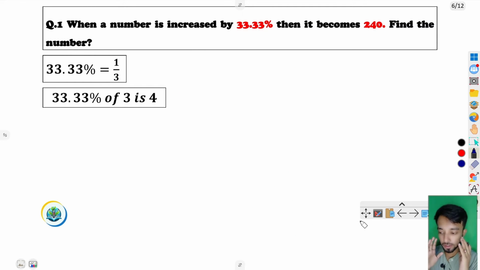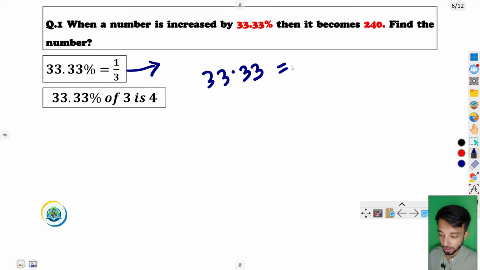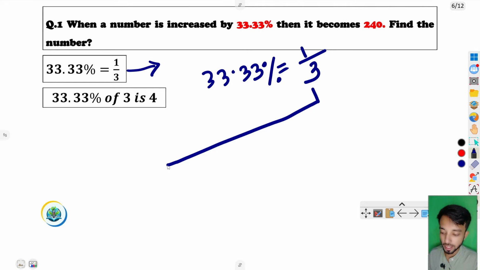If you got this concept right, you can solve any kind of problem with 33%. I'll explain one more time. We know that 33.33 percentage value is equal to 1 by 3. So whenever we are solving anything related to 33.33, we have to consider the original number as 3, because that is the denominator.